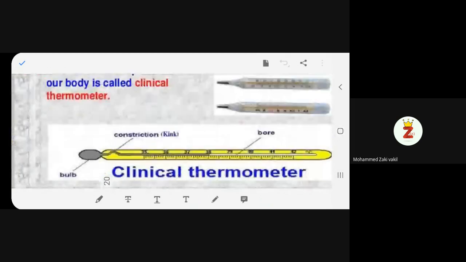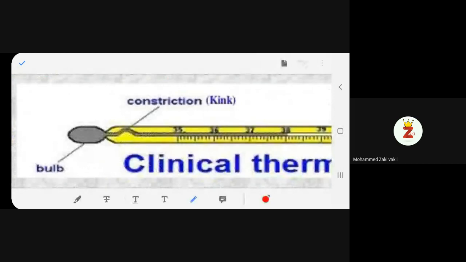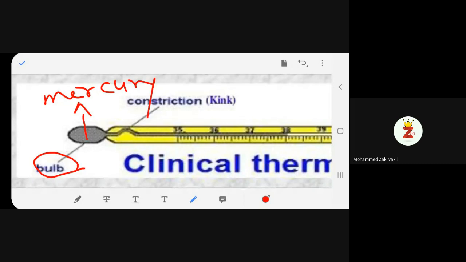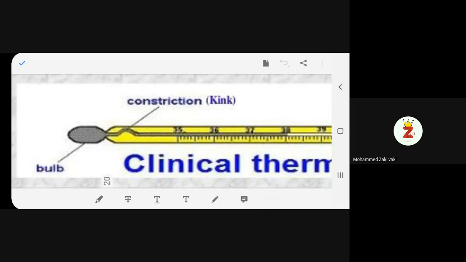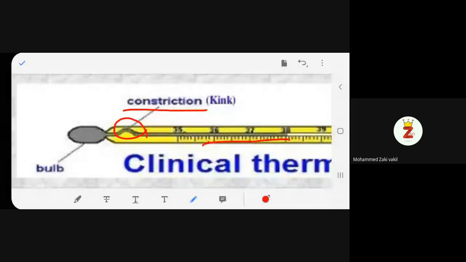Now there's a bulb at one end. Can you see this bulb? And in this bulb, we have mercury. And there is a kink. You can see this constriction, the kink. Why? So the mercury will not fall down.